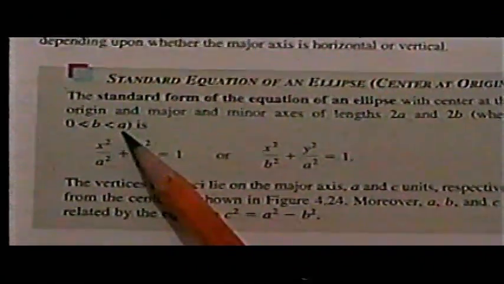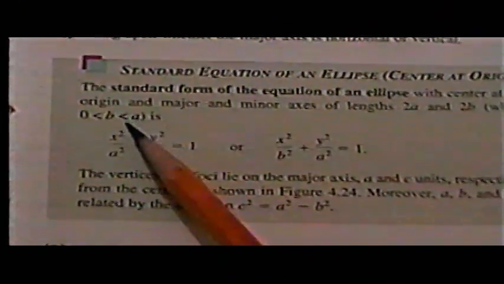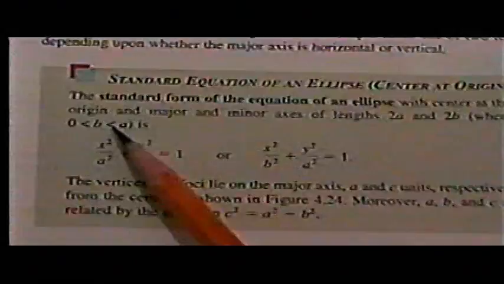Now in this case, a is the radius of the major axis, and b is the radius of the minor axis. So that's why we have 0 < b < a. This means that both a and b are positive numbers and that b is shorter than a.